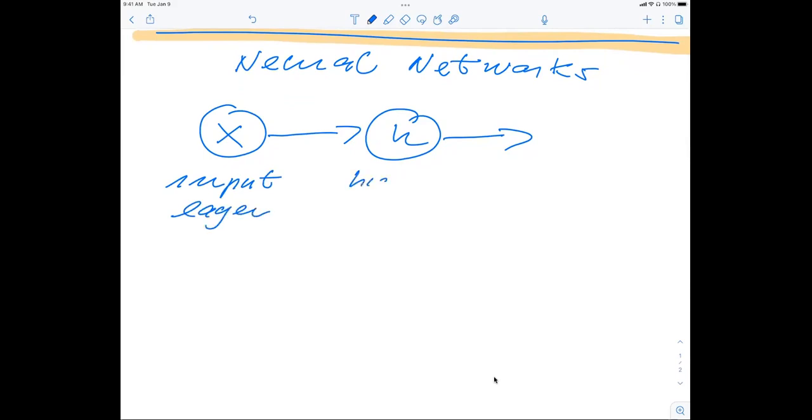These are the hidden layers. And the way it's written now is just in terms of one hidden layer. But you could think that this H represents a series of hidden layers. I'm just going to put S here. And then we produce an output, Y tilde. And this is normally called the output layer.